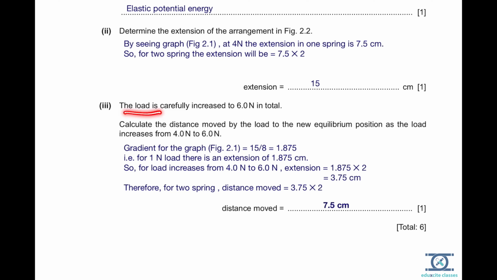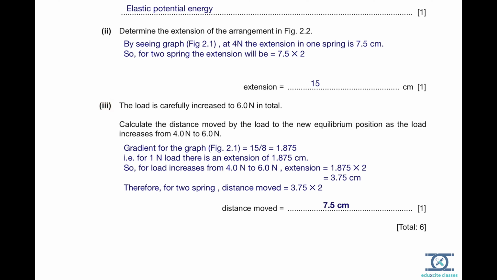Now the load is carefully increased from 4 to 6 Newton in total. We have to calculate the distance moved by the load to the new equilibrium position as the load increases from 4 to 6 Newton. Now this is where students got confused.